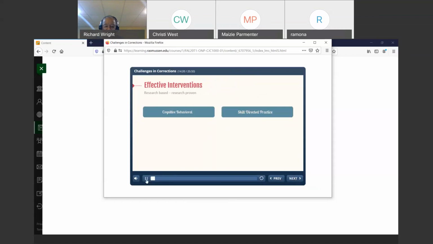And then it talks about effective interventions based on the research, cognitive behavior, dealing with the mind. Why do they do these things? Skill directed practices. See what kind of skills you can give those individuals or help lead them to that will cause them not to come back again.